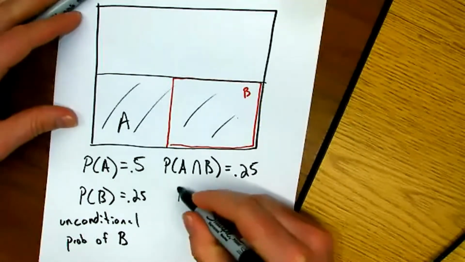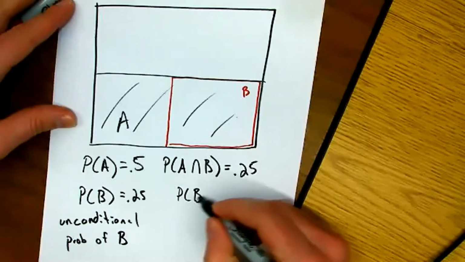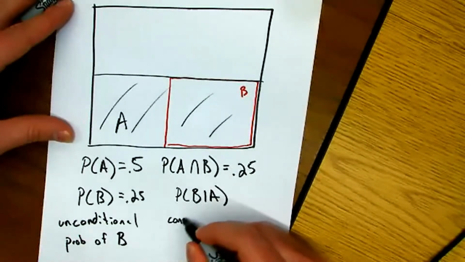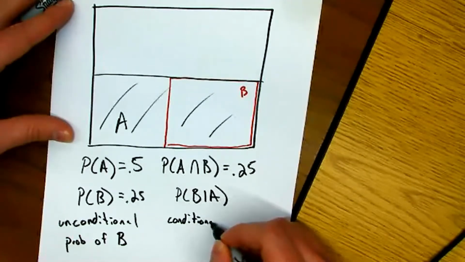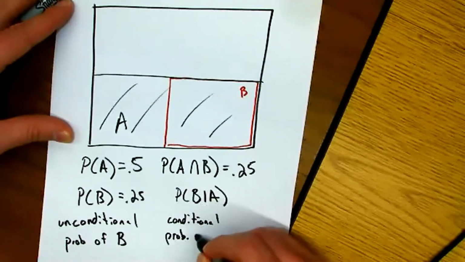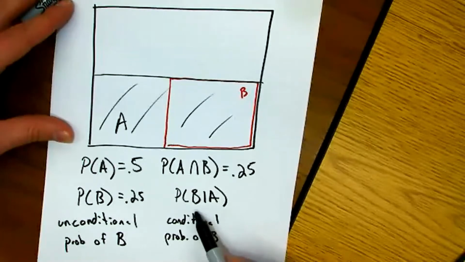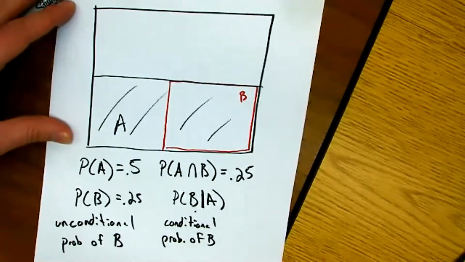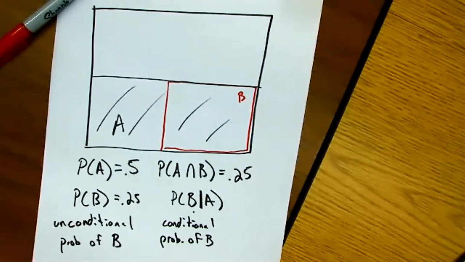What if I want the conditional probability of B? Because we're still looking for the probability of B, but we've now conditioned on something else. Okay?